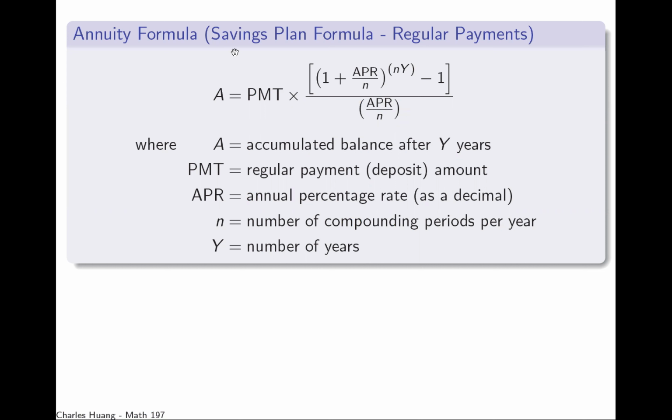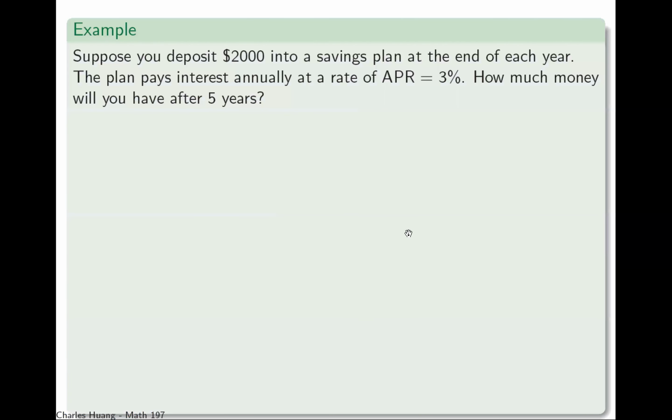You will be provided with this formula on the exam, but you have to know what A represents, what PMT represents, what APR represents, etc. You have to know what the symbol represents. And you'll notice that this formula here is quite complicated, and it will take some skill and some familiarity with your calculator to be able to come up and calculate the correct answer.